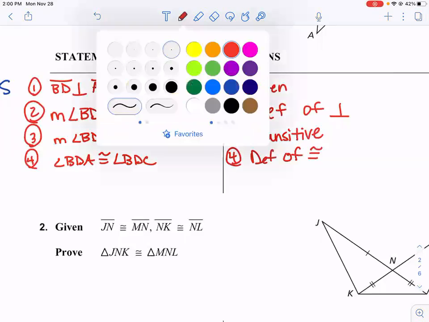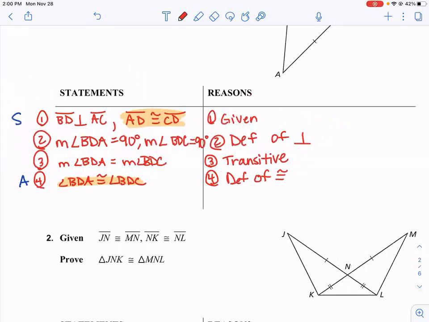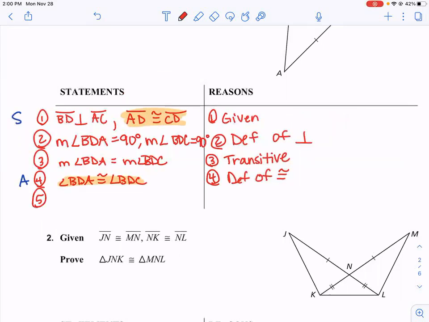Okay, and so now we have an angle. BD is congruent to BD. We have to have all three statements, side, angle, side, in our proof.